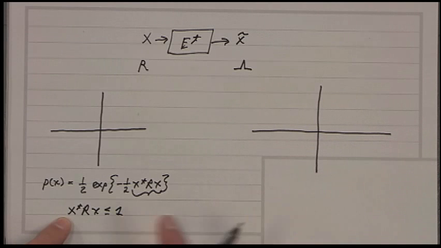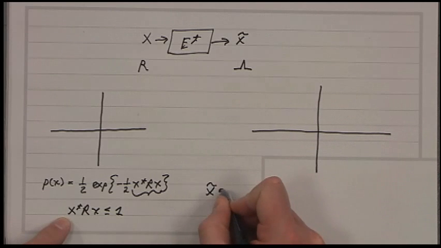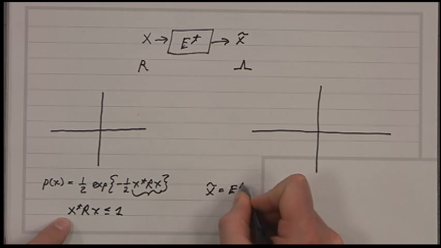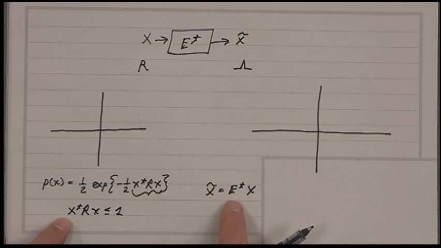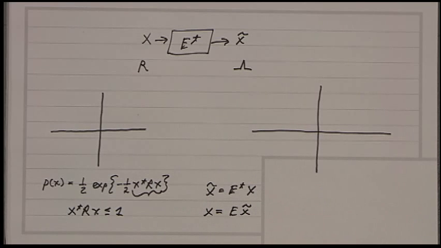So x tilde here is equal to E transpose x, but that's an orthonormal transform, so I can take its inverse. So x is equal to E times x tilde, right?